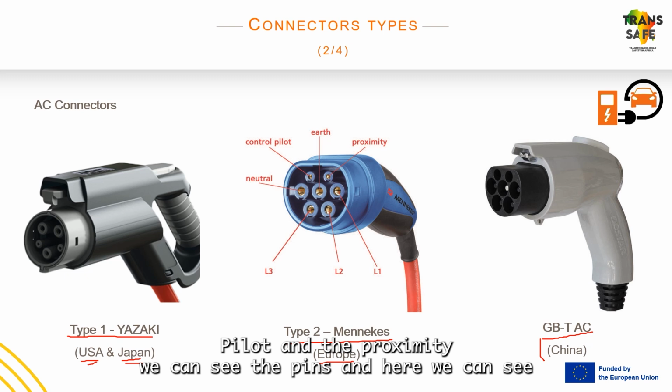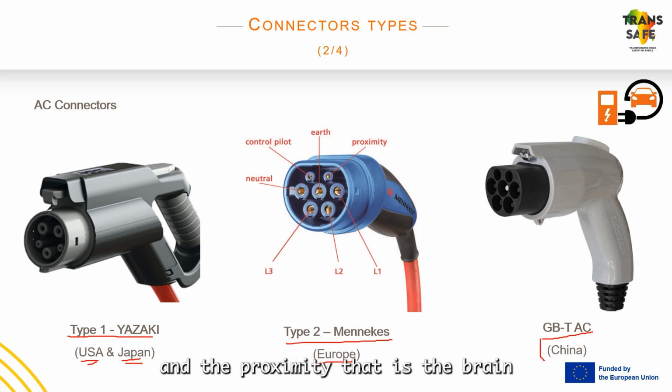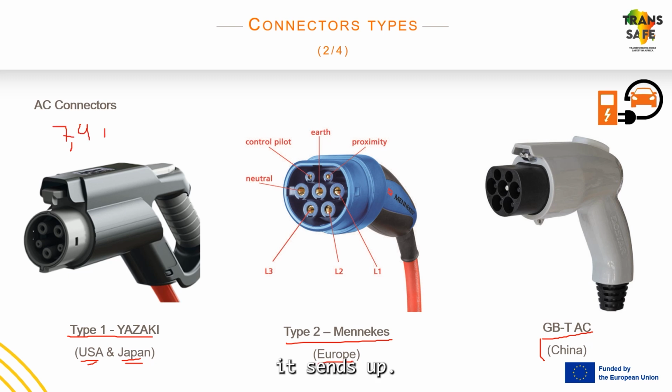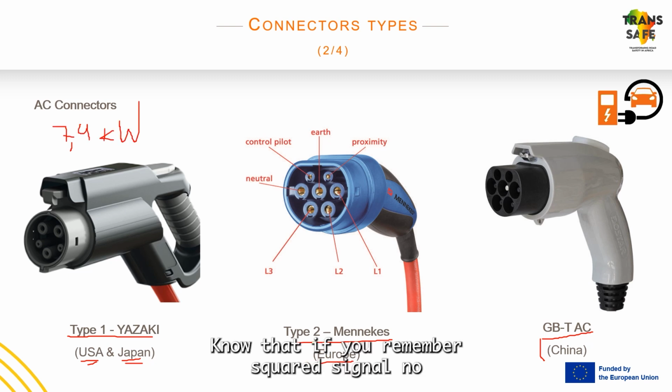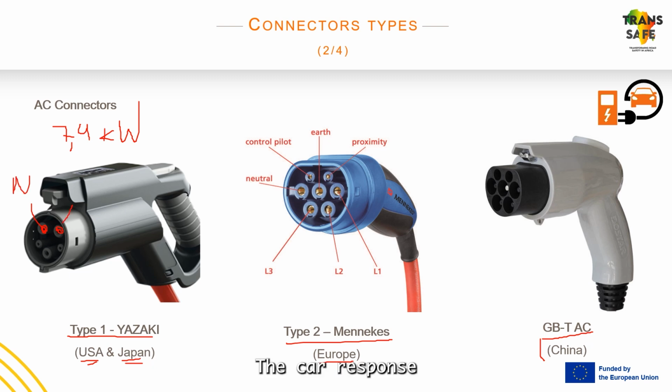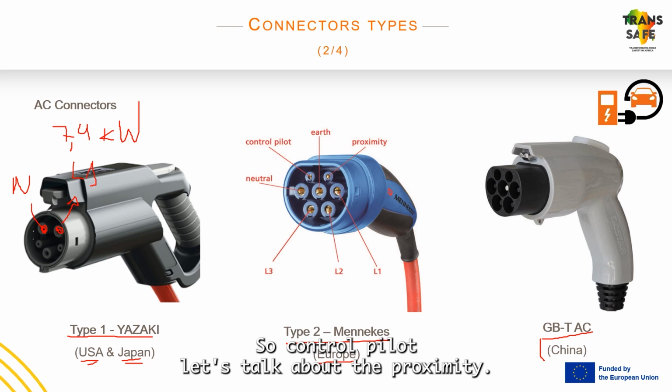Control pilot is the brain. It sends a squared signal, and the car responds, so the control pilot allows for control.